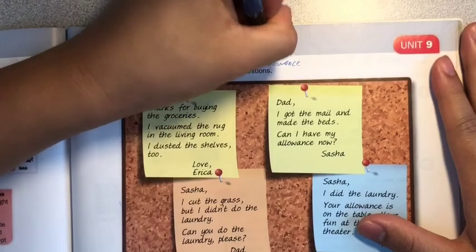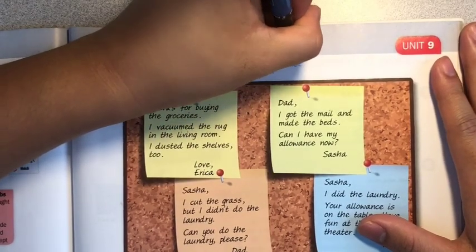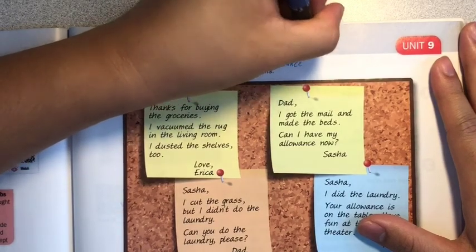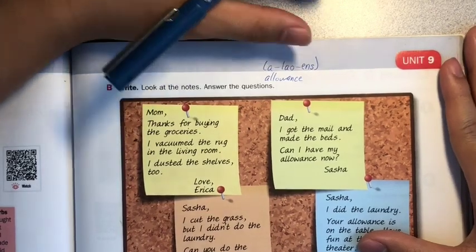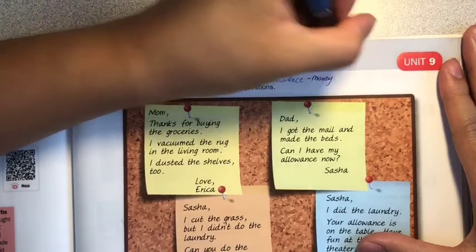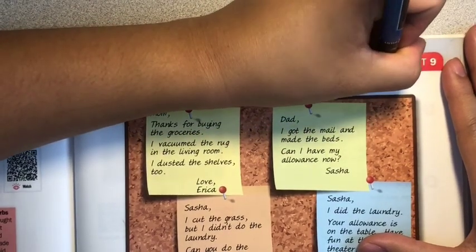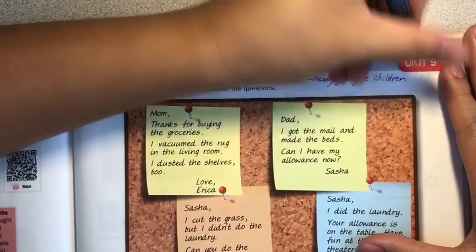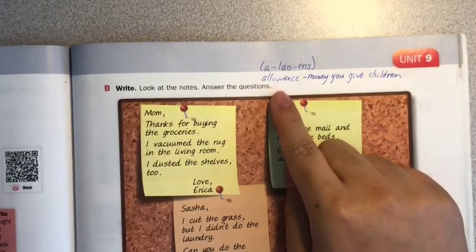Let's look at the word allowance. Allowance. Allowance is money you give children.